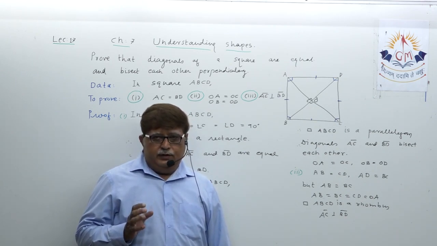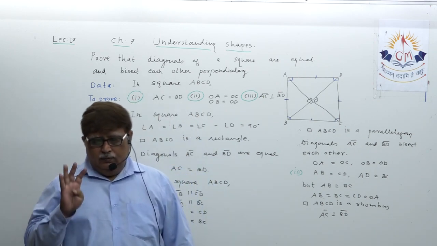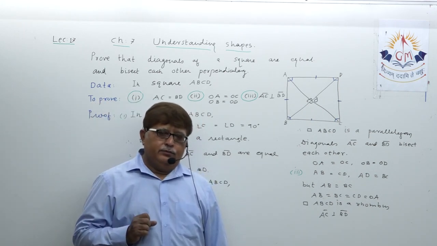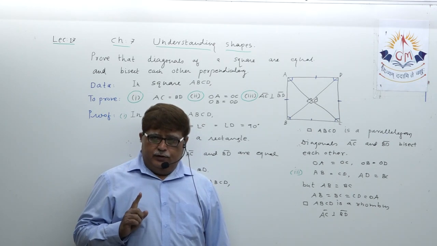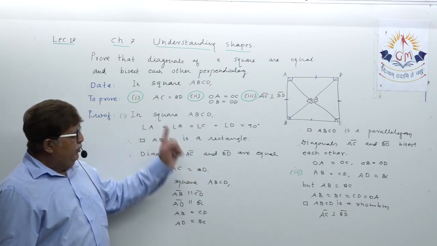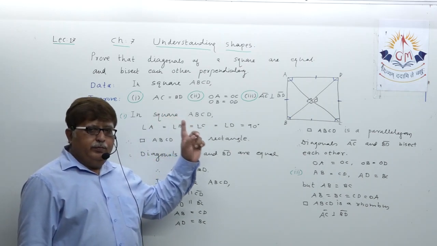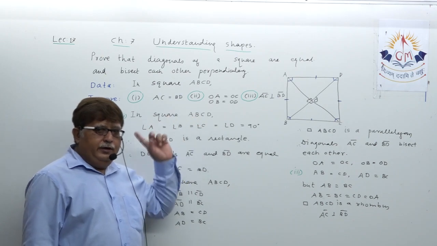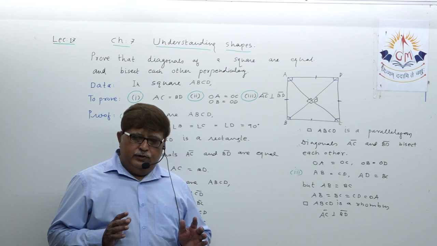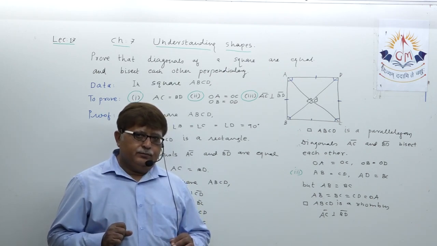So one thing is very clear, this is the fourth property of a square, that is, diagonals are perpendicular to each other, bisect each other perpendicularly and are equal also. So now you understood, dear student, so many objectives can be designed.